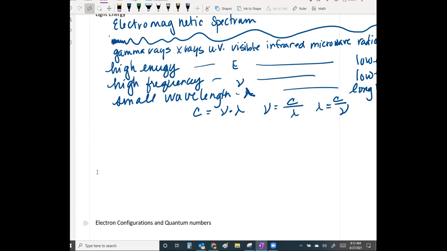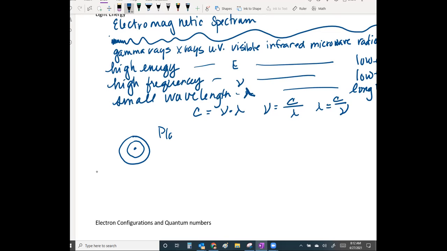What is it that causes that? Well, the electrons are living in orbitals. And Bohr took and studied the hydrogen atom. And, well, actually, before we get to Bohr, let's talk about Planck first.